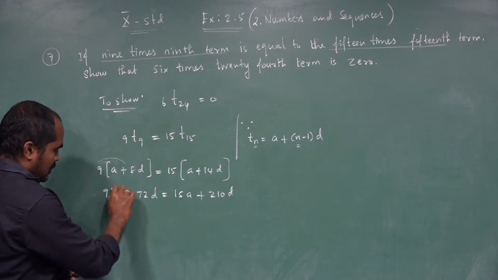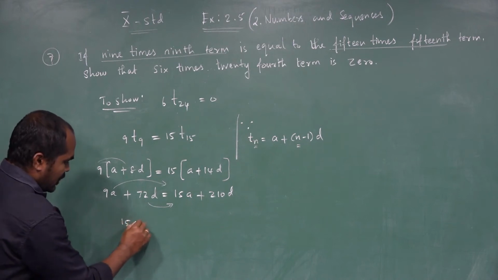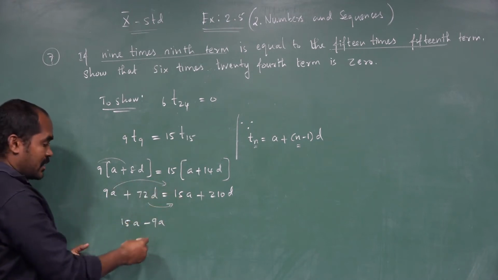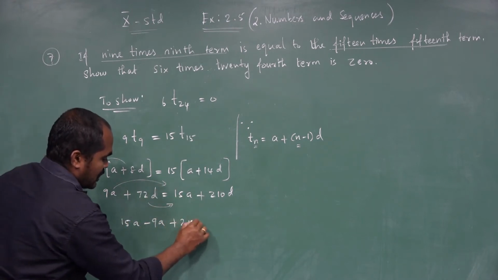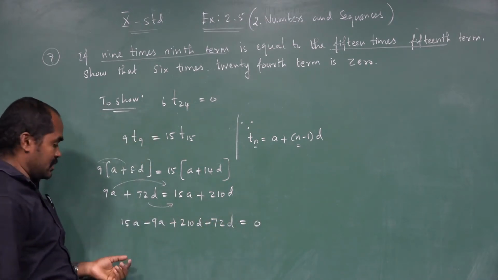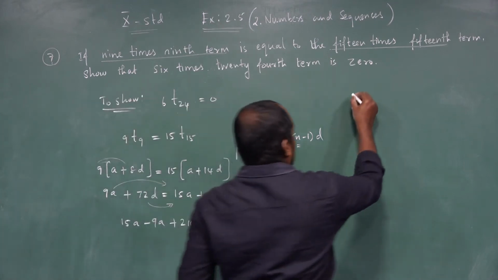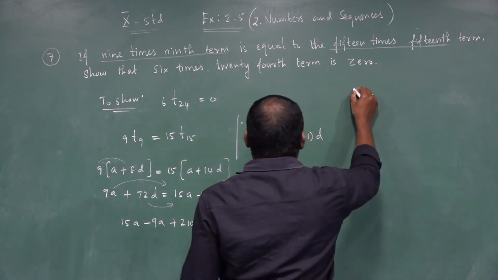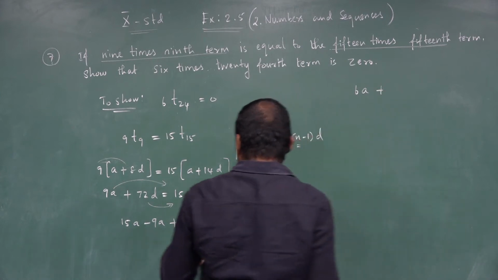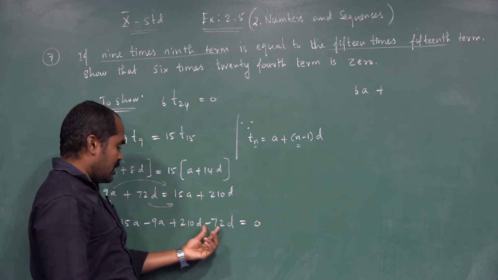Sending 9a and 72d to one side, we get 15a minus 9a plus 210d minus 72d equal to 0. 15 minus 9 is 6, so 6a plus 210d minus 72d. These are like terms.